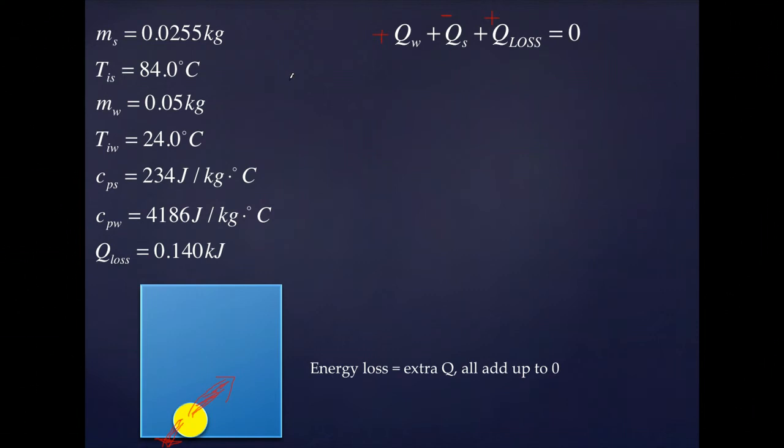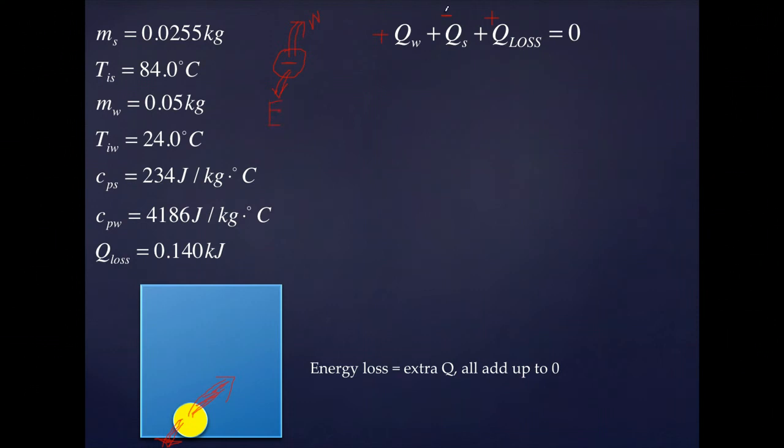So another way that you can think about it, so you have your sample for whom Q is negative, and then you have everything else that gains from it, so it's water, and then there is the environment, which they dubbed as Q lost.